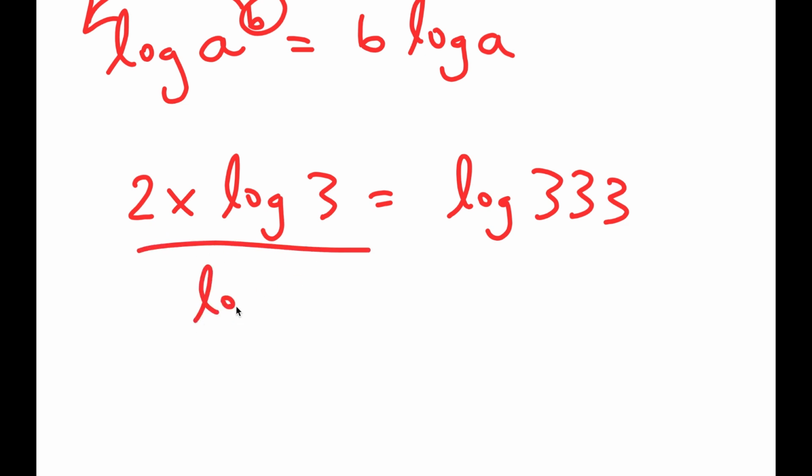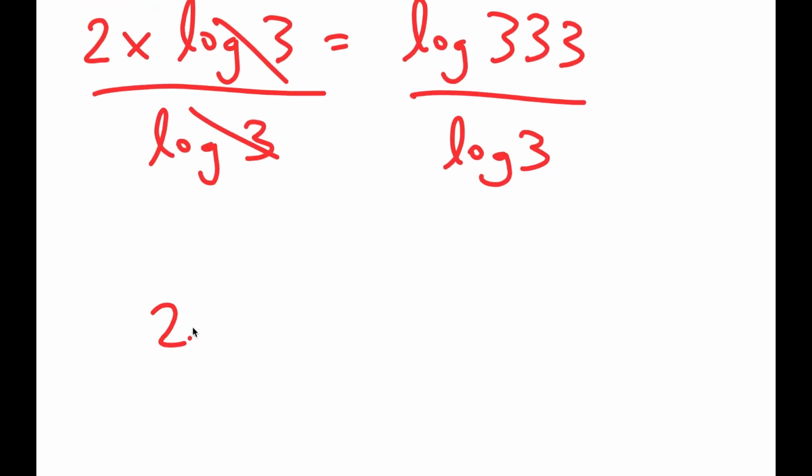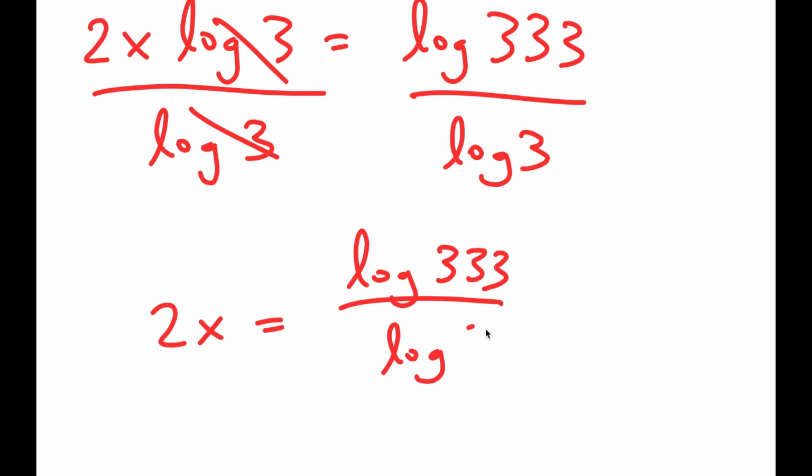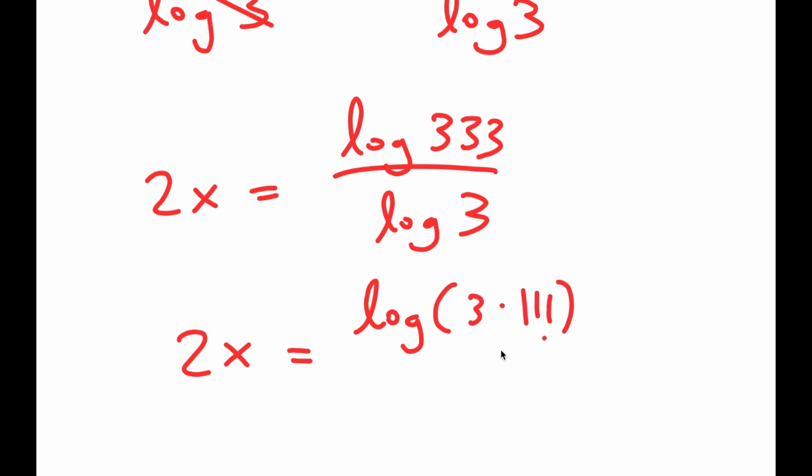Now I'm going to divide both sides by log 3 because we're isolating x. So these two cancel out, and I get 2x is equal to log 333 over log 3. Now I'm going to rewrite log 333 as log of 3 times 111.